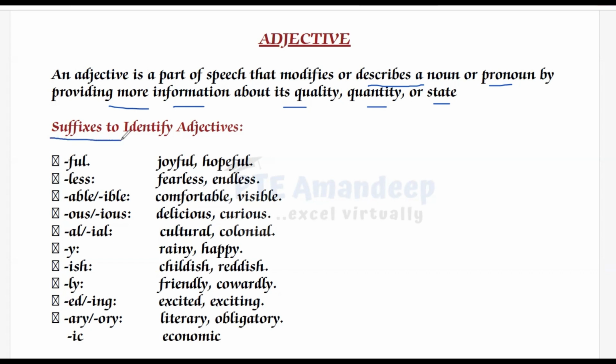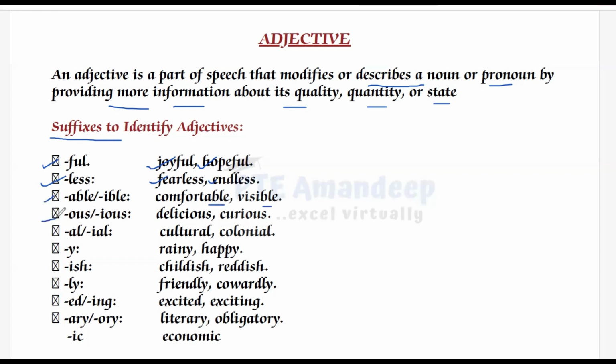And here are a few suffixes with the help of which you can identify adjectives. First, the word ending with ful, meaning full. For example, joyful, hopeful. These are adjectives. Less: fearless, endless. Able, ible: comfortable, visible.